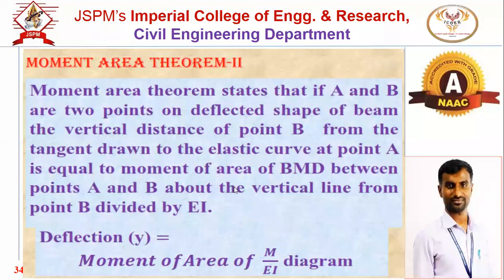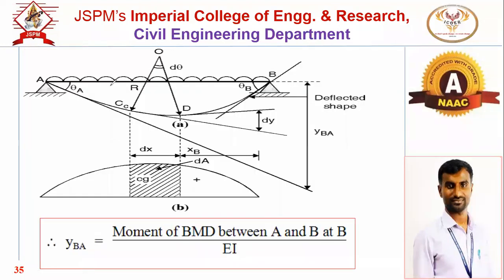Okay. So again, we will consider the same example: a simply supported beam subjected to UDL. Now here, if we want the deflection at a point B, what do we have to consider? Again, we need 2 points of consideration.